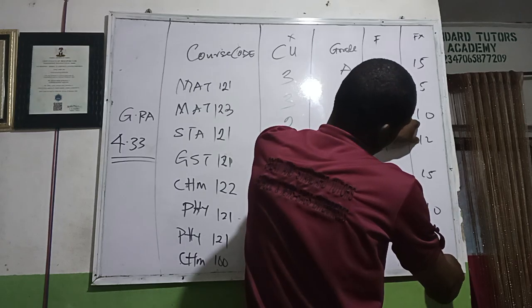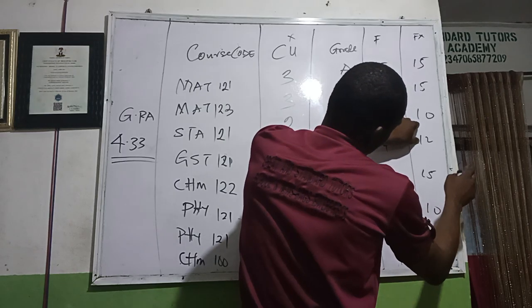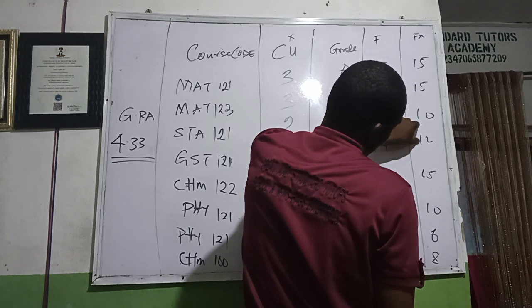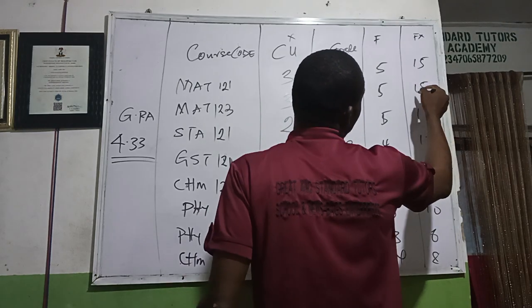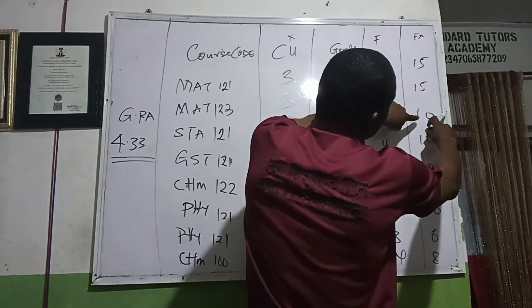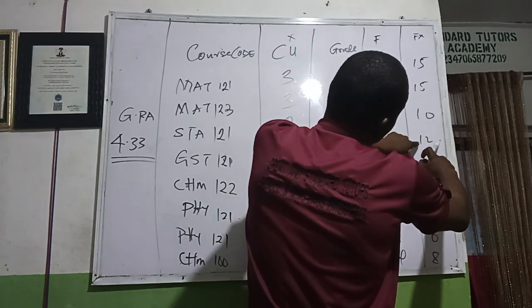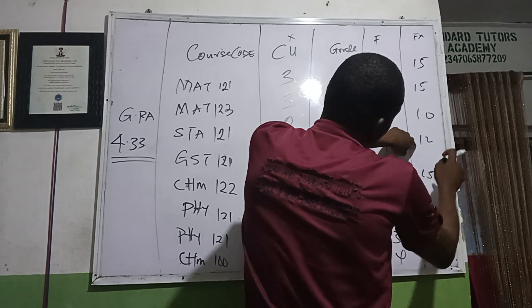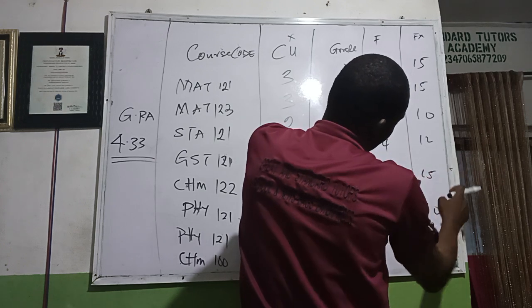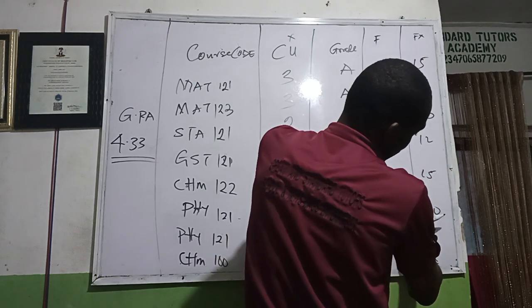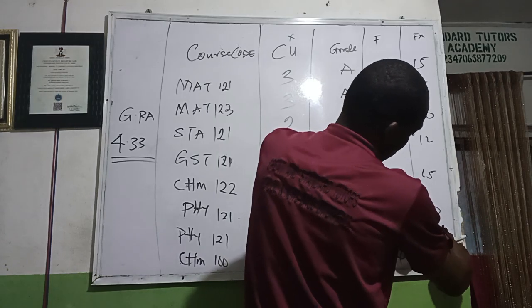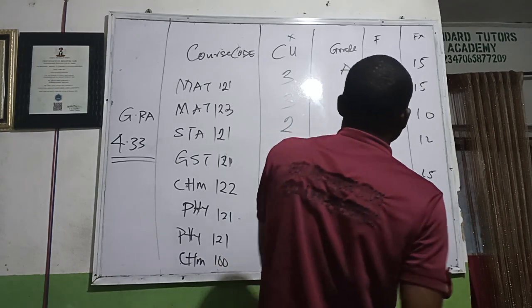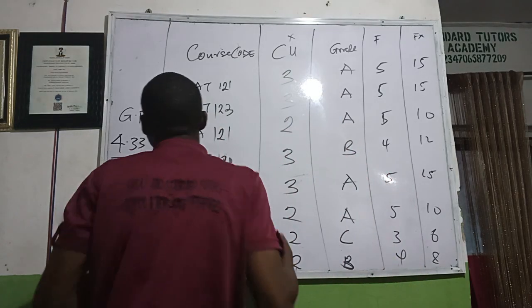Let's read it again: 30, 40, 52, 67, 77, 83, and 91. You are correct. So this is going to be 91 over.